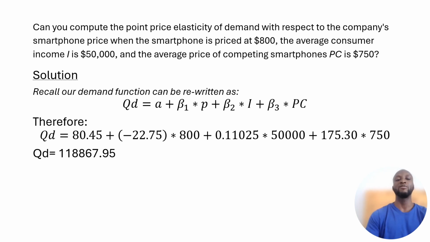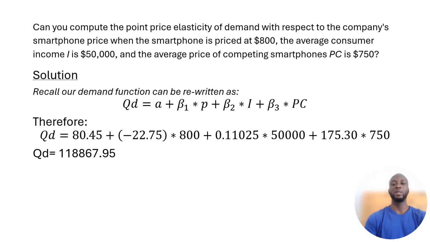And when we find all this, remember the positive and negative, so this will be a negative when you multiply them. But the first thing, you have to follow the rule of BODMAS. So it will first be 22.75 multiplied by 800 to give a negative value, and when you multiply by the positive, it will be negative.